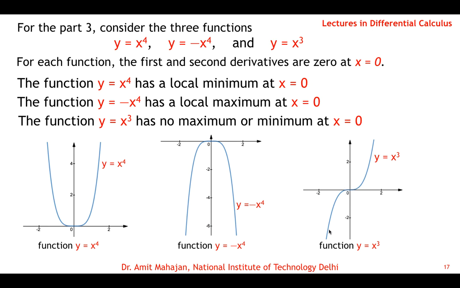The concavity is changing, so it is a point of inflection. So this shows that the test will fail if you have both first and second derivative exactly 0 at x equal to c. c in this case is particularly 0.